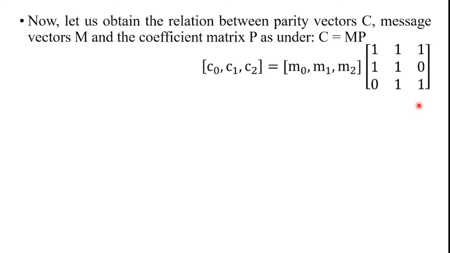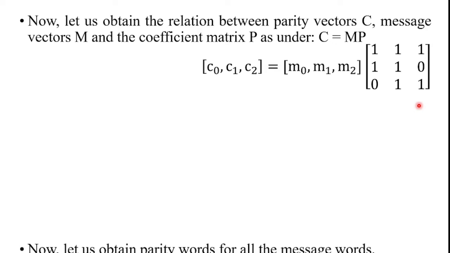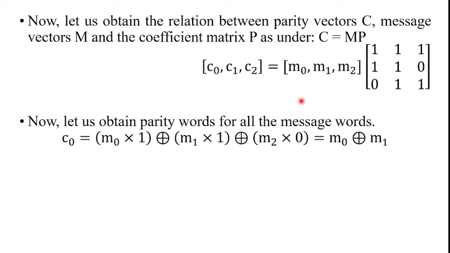Equating on both sides C0, C1, C2, we get the first parity bit C0 equal to M0 into 1. Here we have to consider modulo 2 addition; all the additions will be modulo 2 addition. So C0 is M0 into 1 modulo 2 addition M1 into 1 modulo 2 addition M2 into 0, which is equal to M0 modulo 2 addition M1.